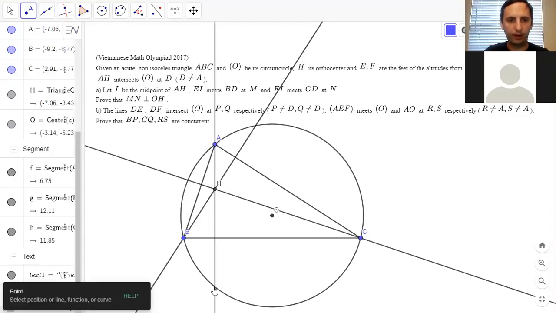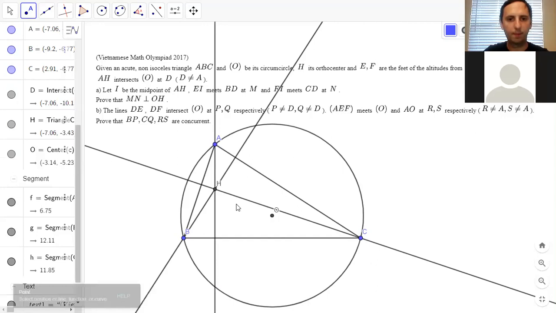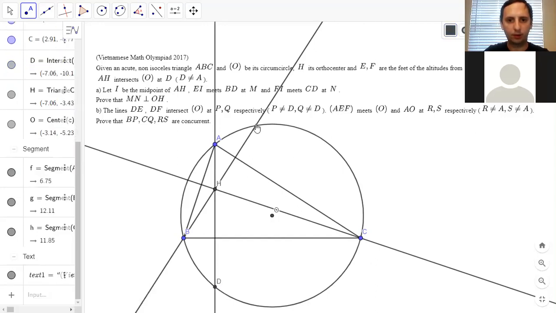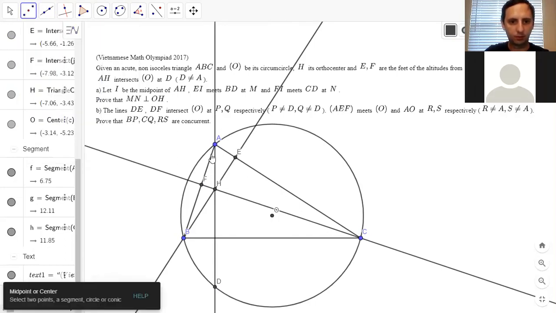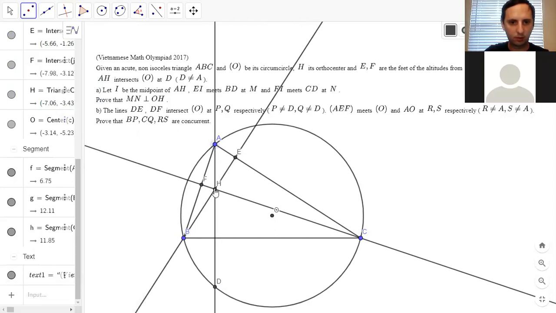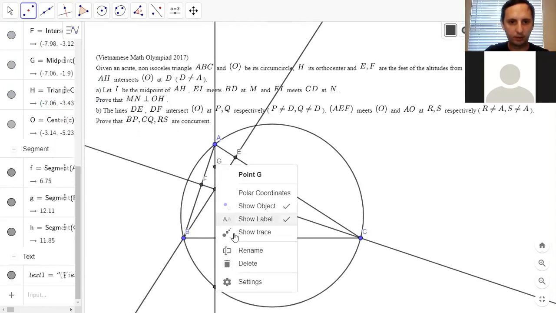AH. Okay, so AH intersects the circle at D. And then E and F are the altitudes from B and C. I is the midpoint of AH. So basically the circumcenter of AFEH. Let's rename that.